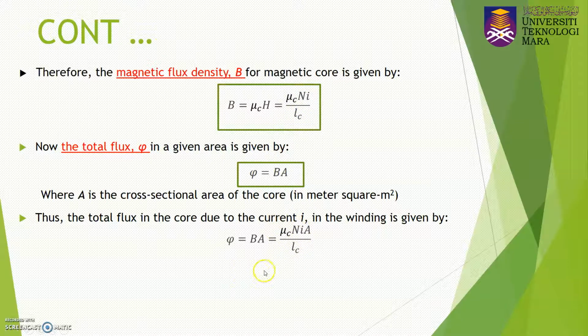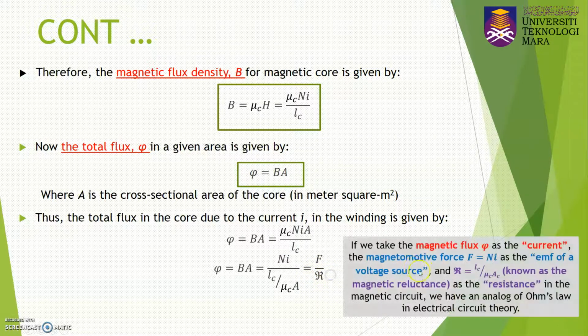Then you can bring mu C and A to the bottom, so you get Ni divided by LC over mu C multiplied by A. This thing represents the capital letter R, which is considered the magnetic reluctance. Ni represents the magnetomotive force.